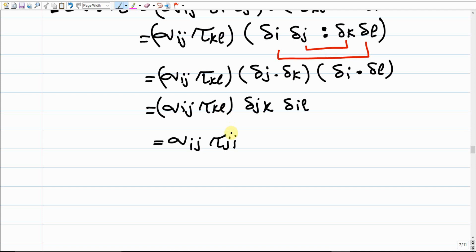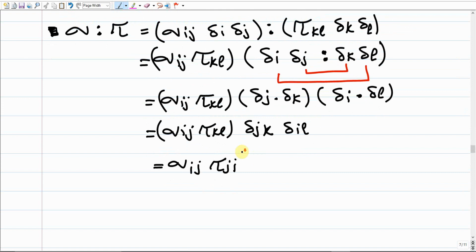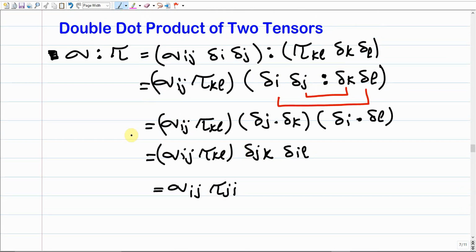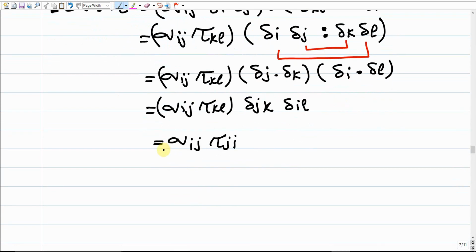So l should be i, k should be j. So we end up with this one. This gives us the double dot product of two tensors in this form. As you can see, we end up with a scalar. There are no vectors. It means that the double dot product of two tensors gives a scalar quantity.